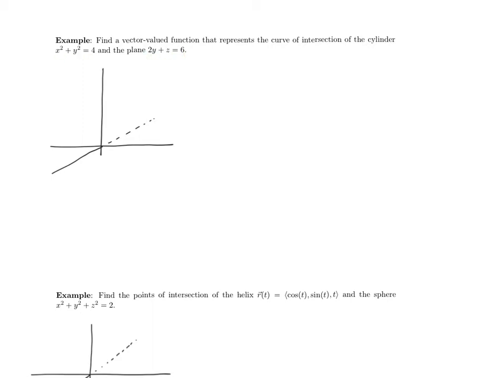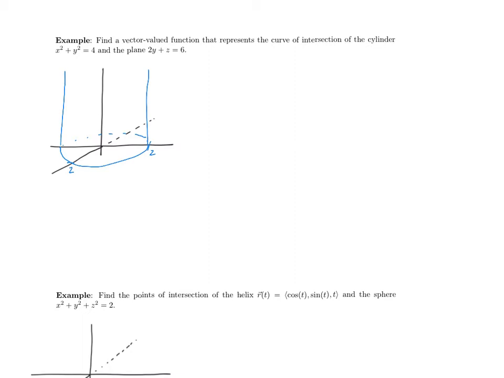And the first thing I'm going to do is just draw a generic representation of this. So let's see here. We have a cylinder, x squared plus y squared equals 4. And I'm not trying to be overly specific, just very generic. So it wraps around the z-axis, and it is a circle of radius 2 in any of the z equals traces.